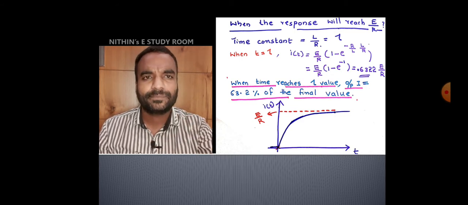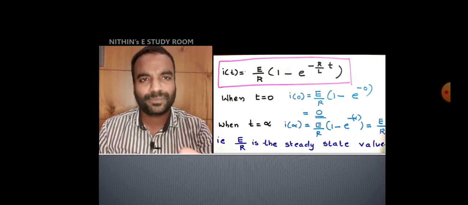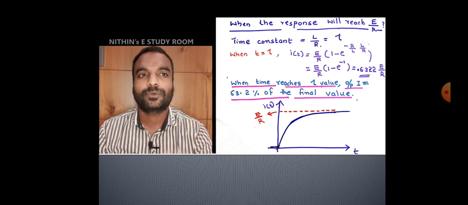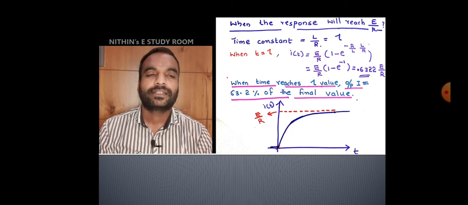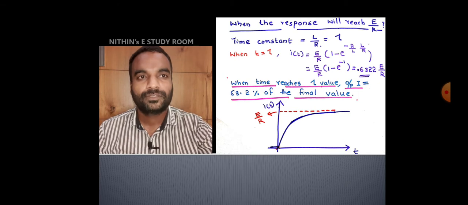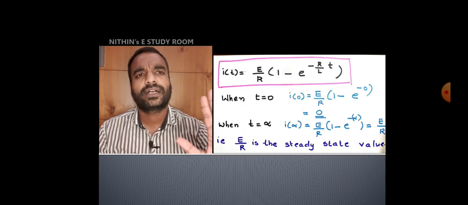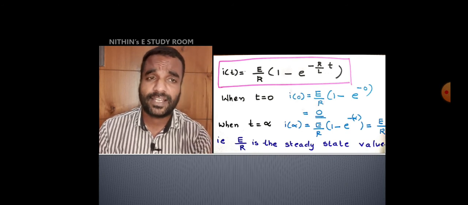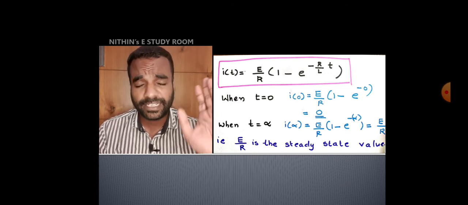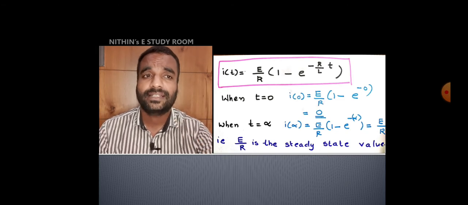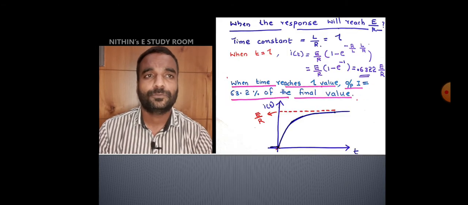I am sorry, because up to this moment everything is right, but in the last class we didn't discuss the time constant. Now only we are going to discuss the time constant. So anyhow, now you got that the initial current value was 0. When t is infinity, I of infinity is E by R, that is the final steady state value.